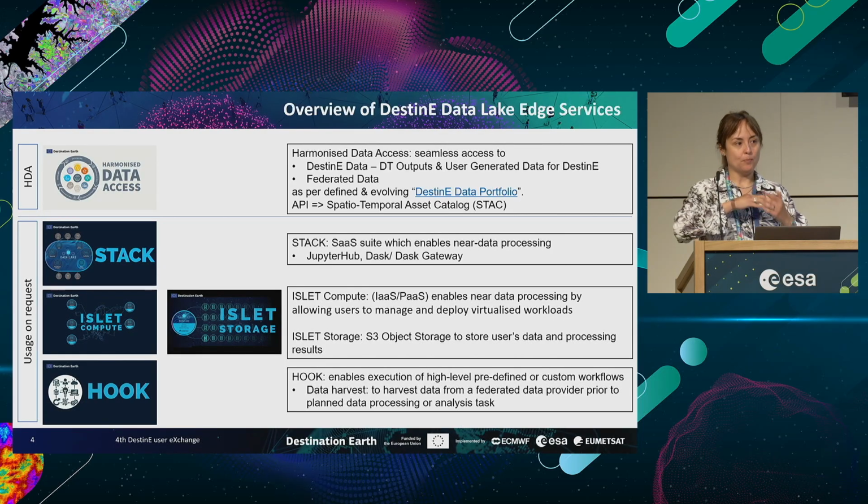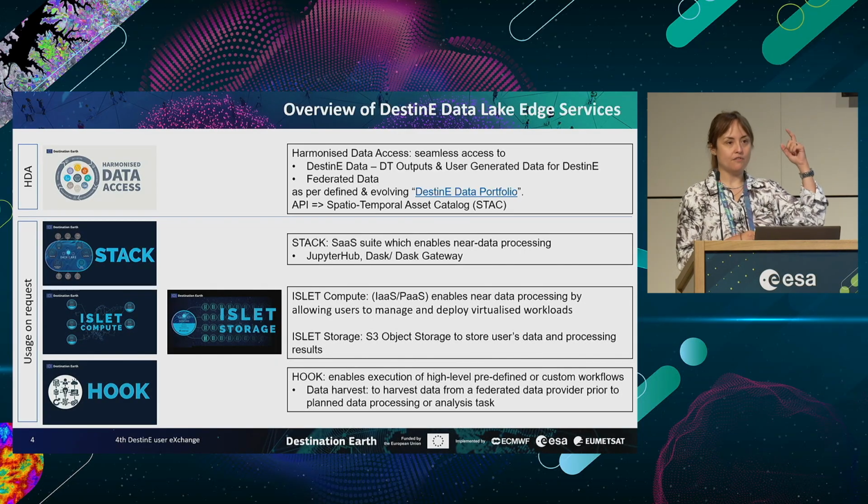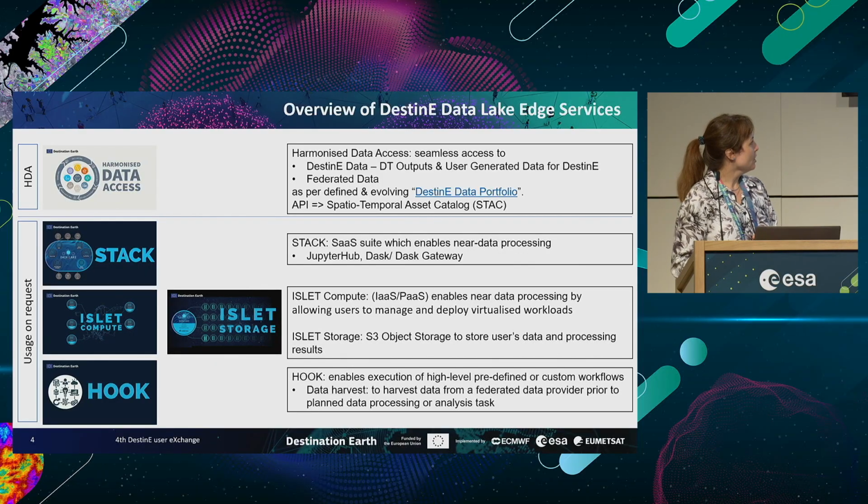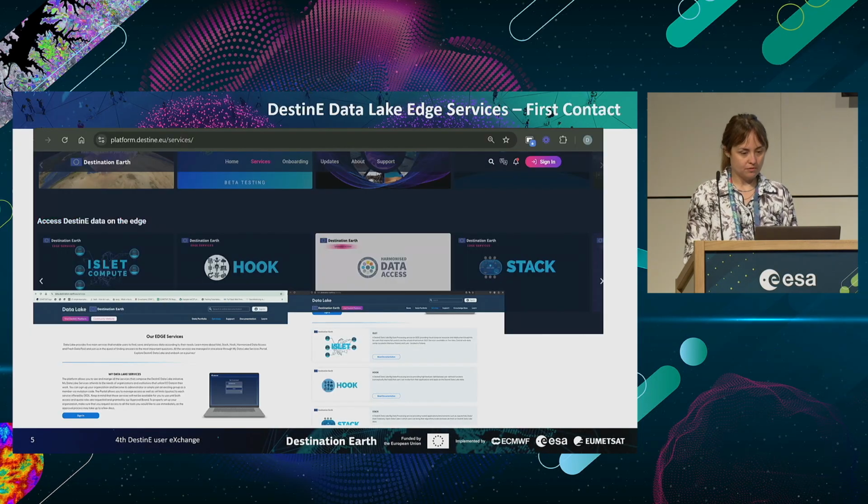Stack is for people who want to stack applications, so they don't care so much about managing their own infrastructure. Here we have JupyterHub and Dask and Dask Gateway. And Hook at the bottom are higher level functions that you can hook directly in your own code. Here we have predefined workflows or custom workflows.